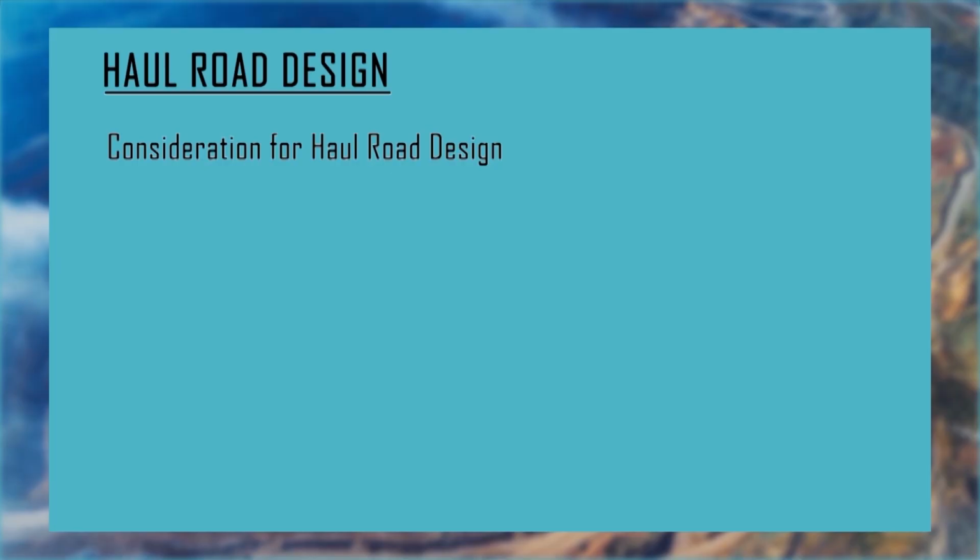So, one is moving forward and the other is moving backward. They may meet at a point and there should be sufficient gap between these two vehicles. So, the haul road width should be of sufficient dimension, so that there is sufficient space for the movement of vehicles. Now, considerations for haul road design.